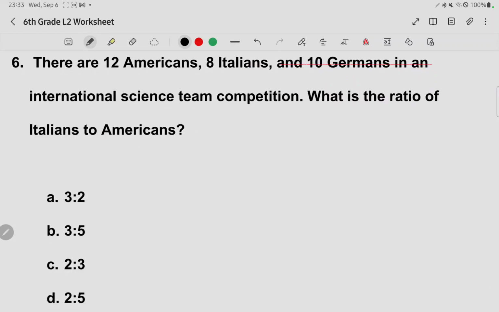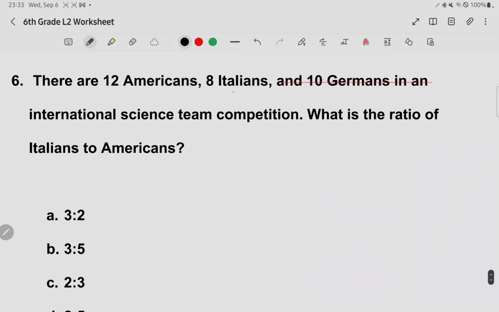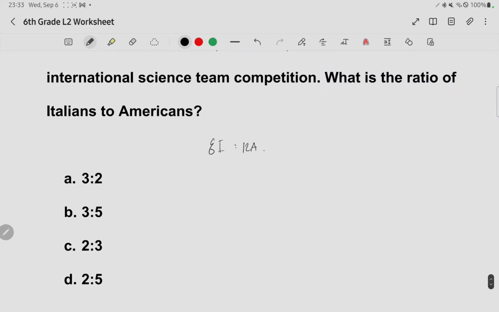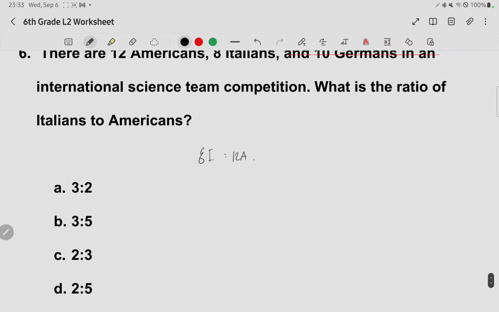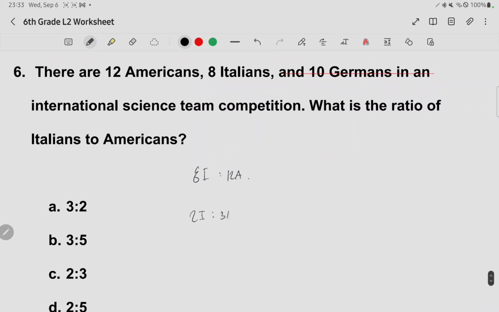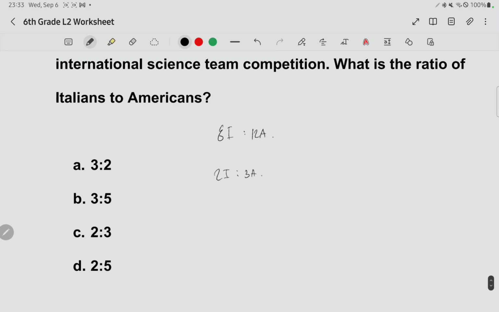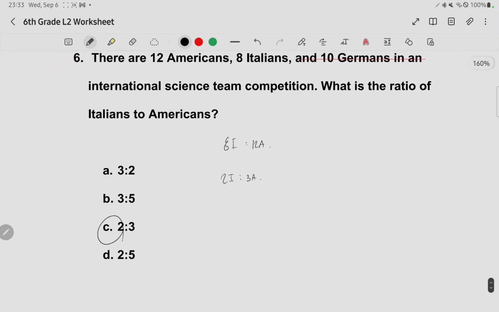So we only need how many Italians are there and how many Americans are there. So there are 8 Italians to 12 Americans. If I simplify it by dividing by 4, I get 2 Italians to 3 Americans. So 2 to 3, which is gonna be C.